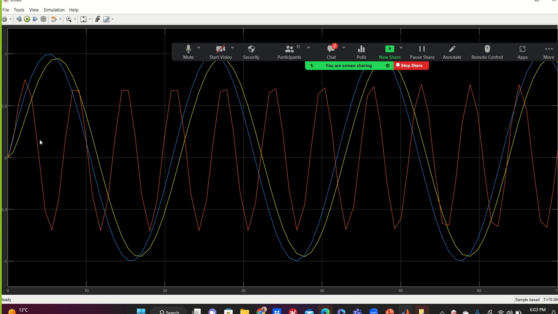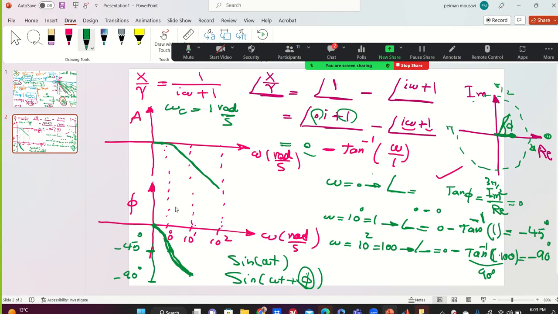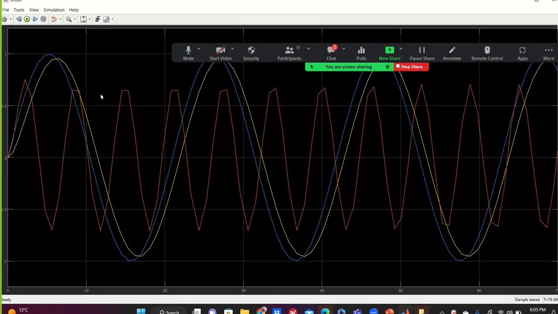And the phase angle is much, much higher, as we plotted. See? At 1, phase angle is almost minus 45 degrees, or pi over 4. See what I'm saying? Yes?